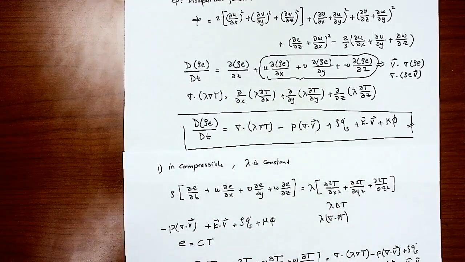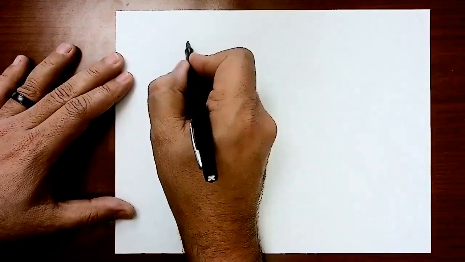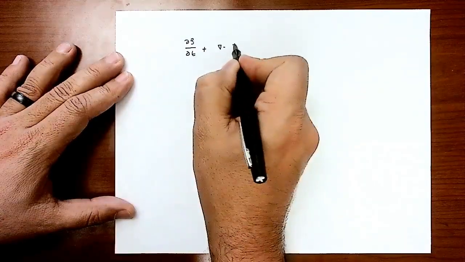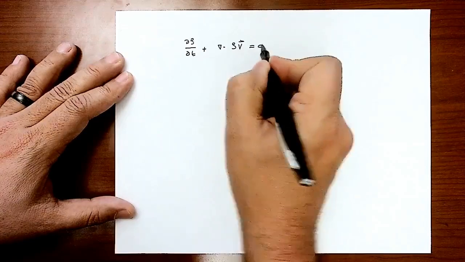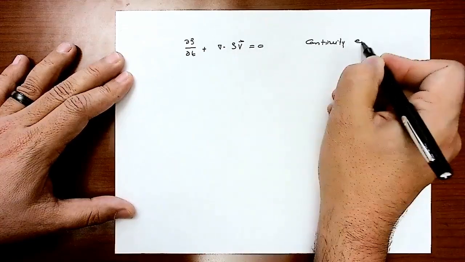So at the end, I would like to just put all the equations together. We were able to get partial rho by partial t plus nabla dot rho v equals 0. This is my continuity equation.